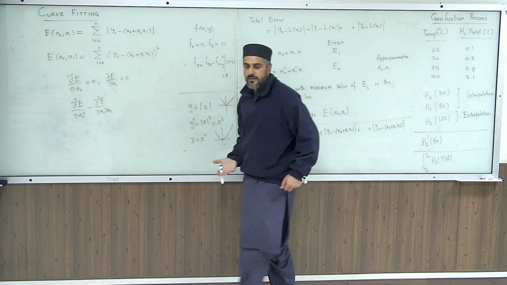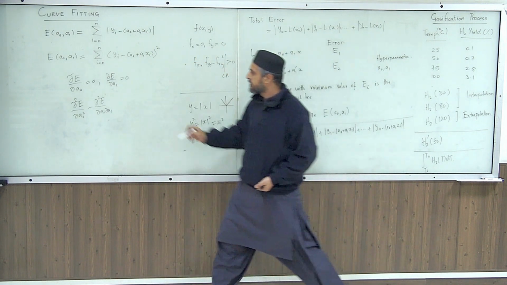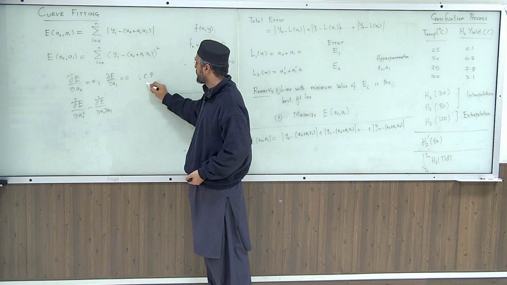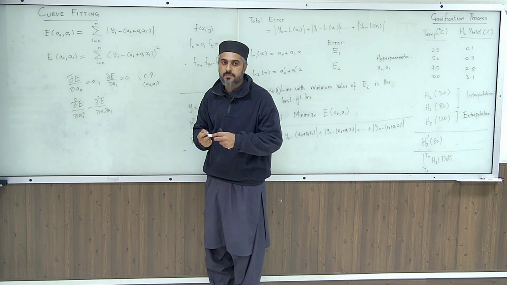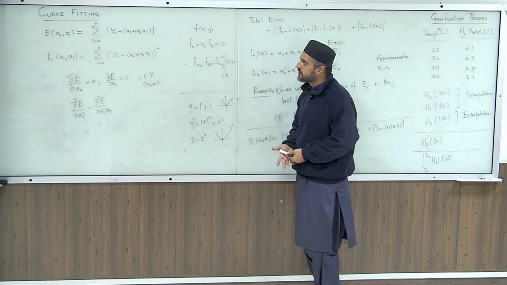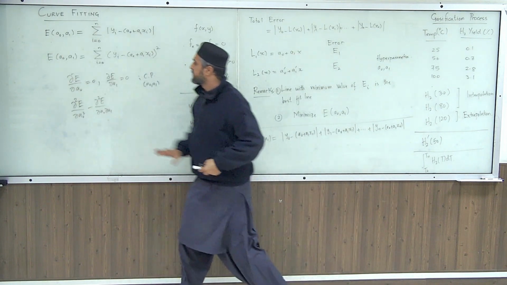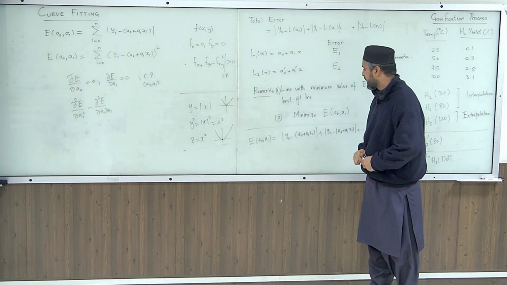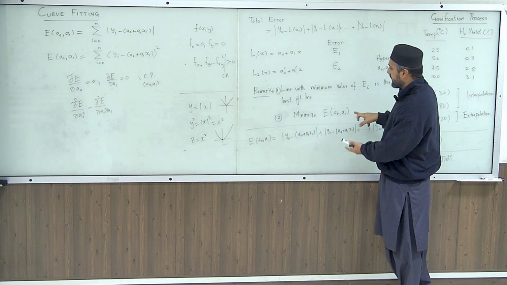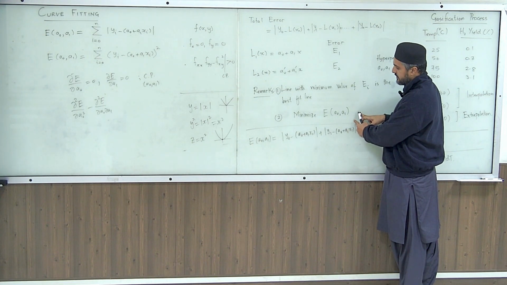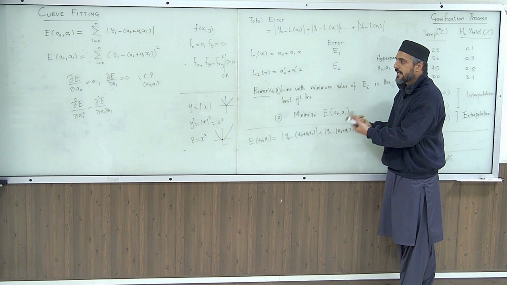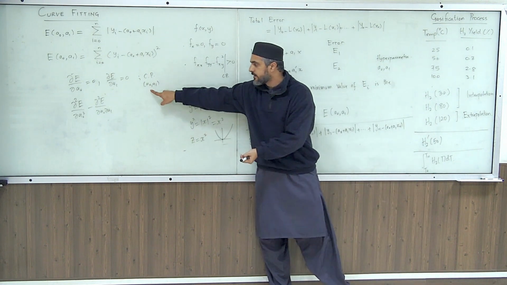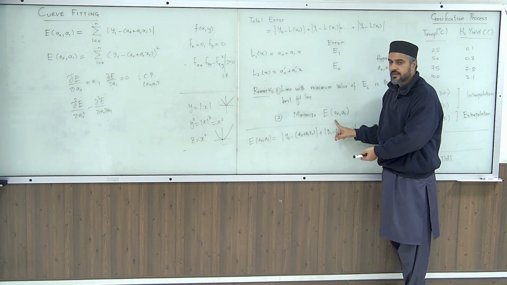We'll try to find the values of a naught and a1, coming from some critical point, where this error function is minimum. Once we find those values, we can say we have found a line which comes with the minimum error. So that choice of a naught and a1 will be the best fit line.